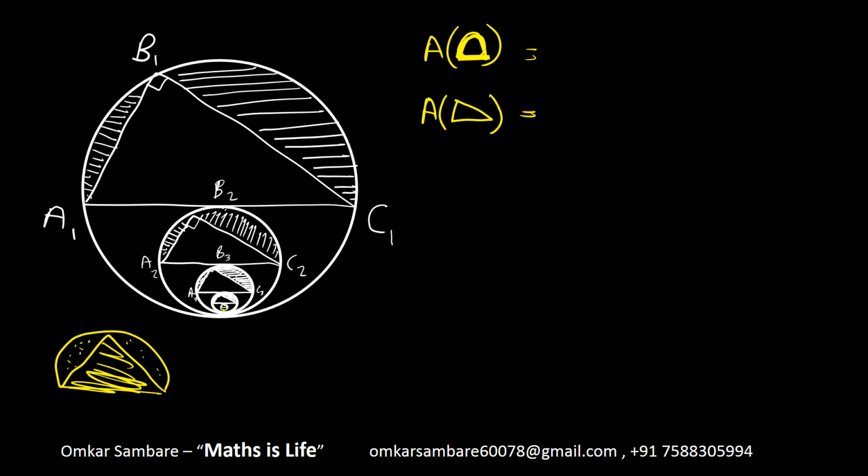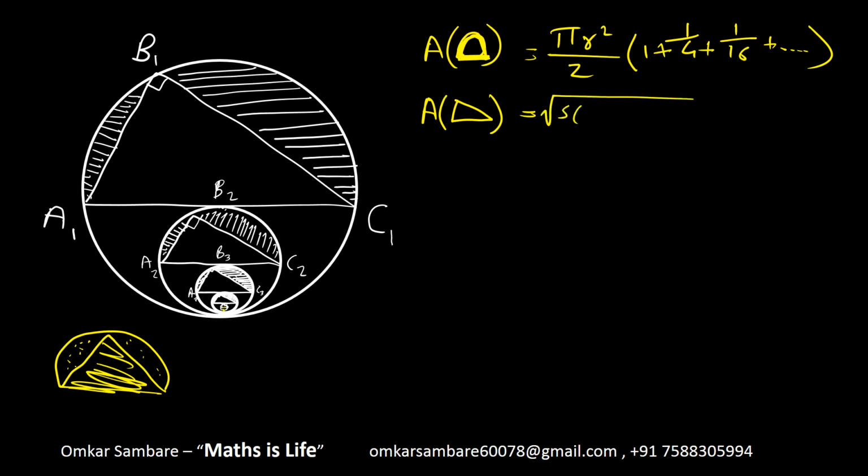So what is the addition of all semicircles? It was pi r square upon 2 into 1 plus 1 by 4 plus 1 by 16 and so on till infinite terms. Again for area of triangle we have under root s into (s minus a) into (s minus b) into (s minus c) into 1 plus 1 by 4 plus 1 by 16 till infinite terms.